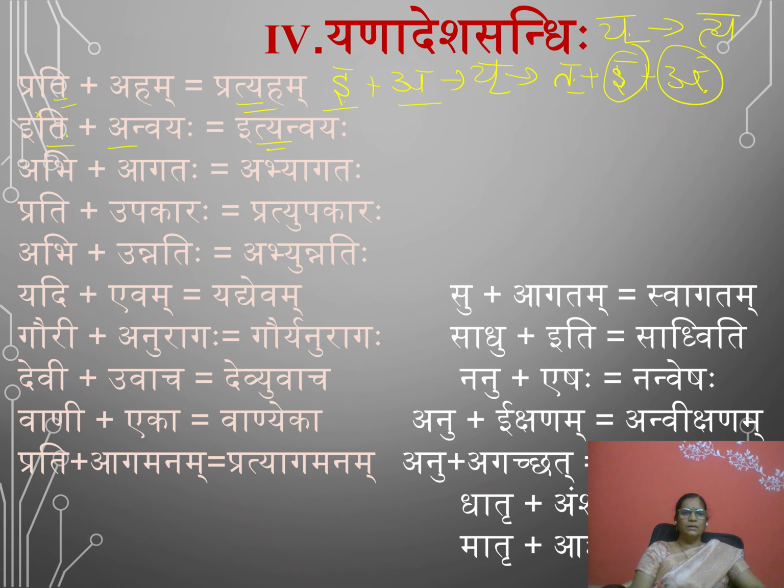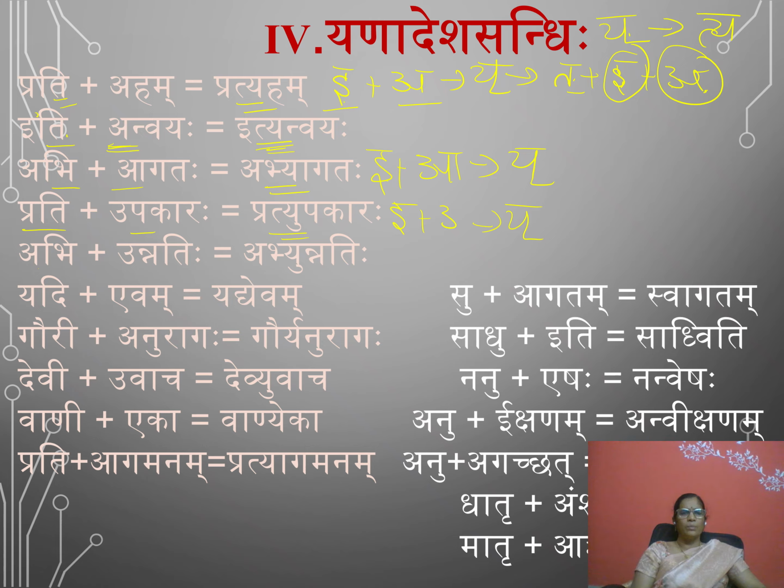By adding tu, Ya plus the second word's first letter A, then Ityanvayaha. Next one, Abhi plus Agataha. First word ended with E, second word started with dissimilar vowel, then here we will get Ya. So, Abhyagataha. Prati plus Upakaraha, Pratyupakaraha, E plus U. And then also we are getting Ya.